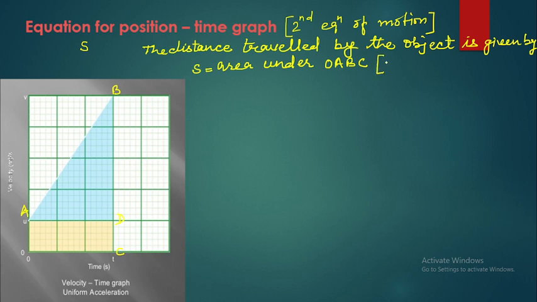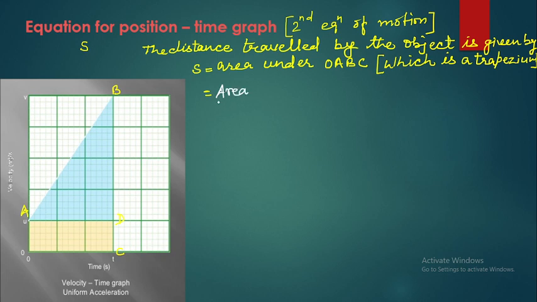This shape is a trapezium, and the area of the trapezium is equal to the area of the rectangle plus the triangle.